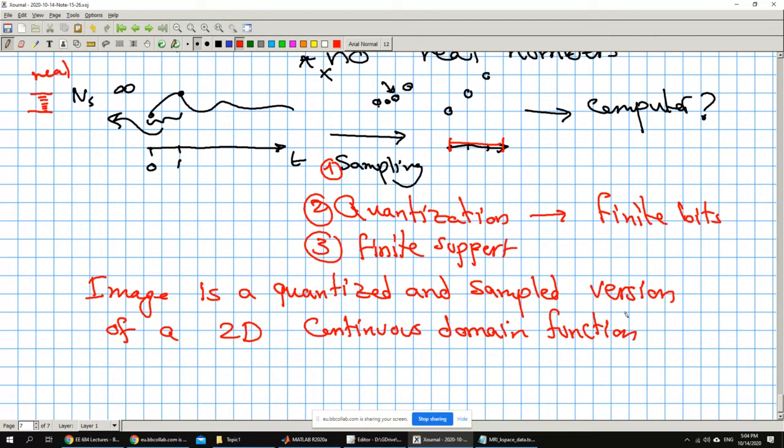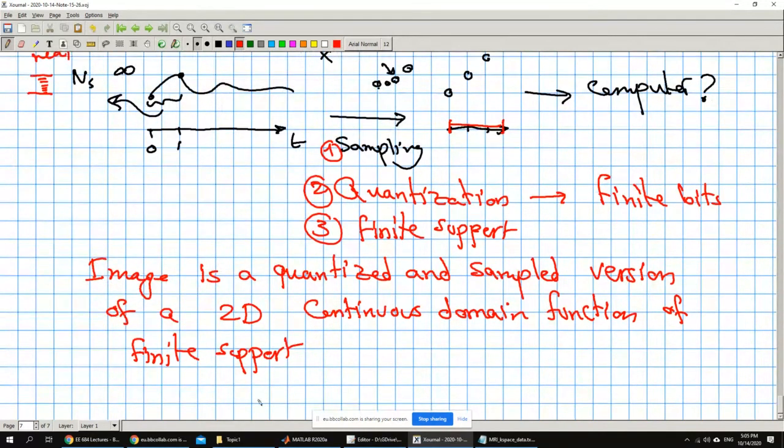So if you have that, you can actually have something that can be represented in a computer. If an image satisfies all these, quantized, sampled, and finite support, we call it a digital image.